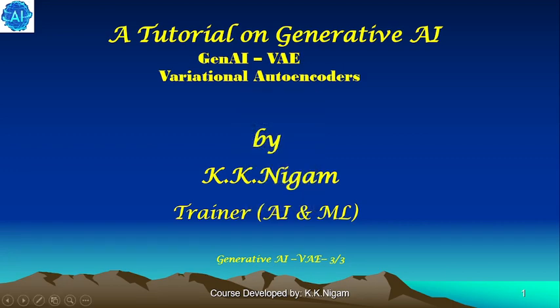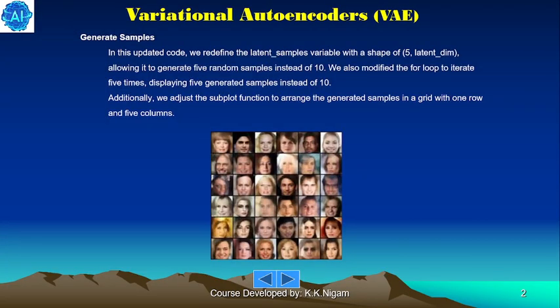So let's start with the third part, the final part of the variational autoencoder. In this, you have to learn to generate samples. In this updated code, we redefine the latent samples variable with a shape of 5 by latent dimension, allowing it to generate 5 random samples instead of 10.